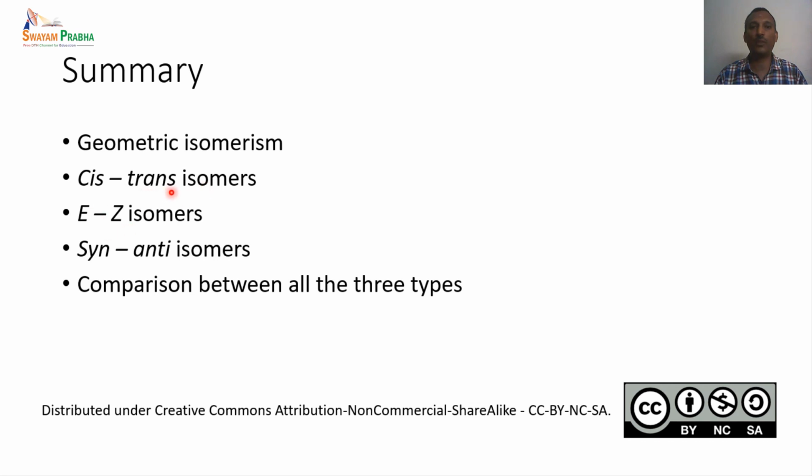Basically, the cis-trans isomers can be given to adjacent carbon atoms or faraway carbon atoms, and whether it involves sp2 hybridized carbon or sp3 hybridized carbon. And we also studied the comparison between all the three types. So with this, we conclude the session on geometric isomerism.